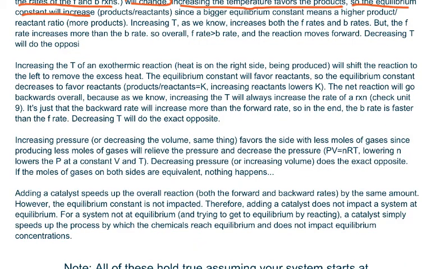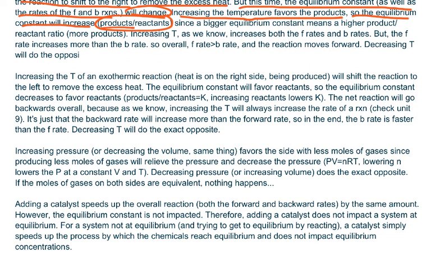And remember, the equilibrium expression is products over reactants. So if it favors products, it will increase the numerator, and this will cause a bigger equilibrium constant since there's a higher product to reactant ratio. Now, increasing temperature, as we know from Unit 9, increases both the forward and backward rates, since increasing temperature will increase the rate of literally anything involving chemicals.